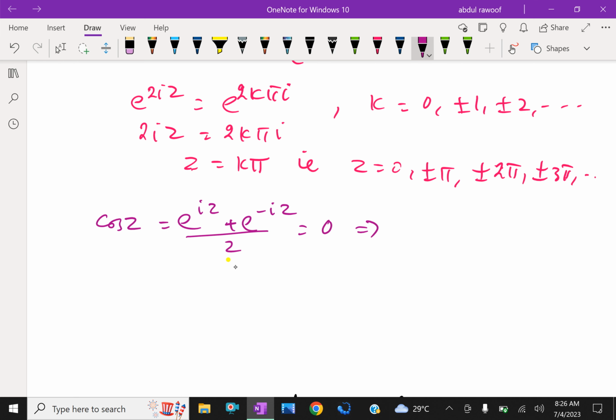From this, we can say e^(iz) plus 1 over e^(iz) equals 2 times 0, which is 0. From this, e^(2iz) plus 1 equals 0.